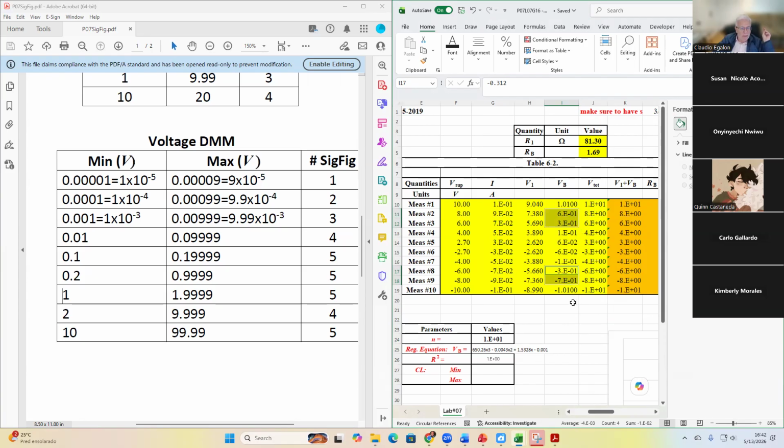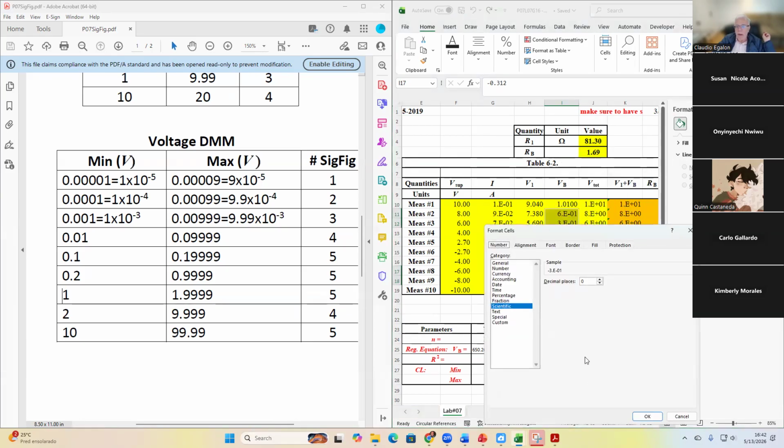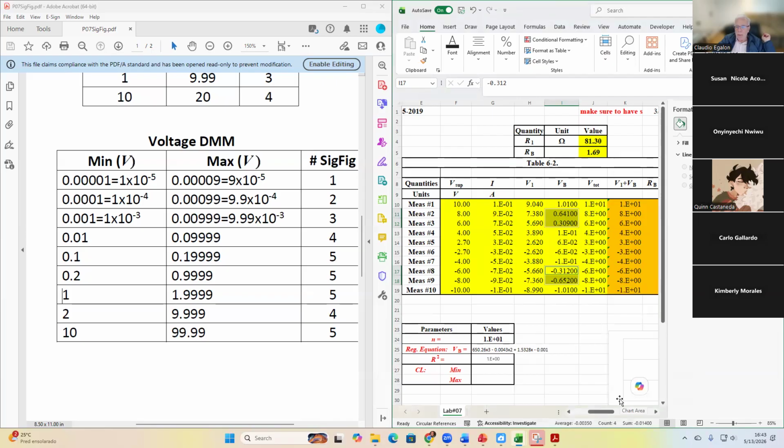Should be 5 significant figures or 5 decimal places. Format cell, numeric, 1, 2, 3, 4, 5 decimal places, which gives us 5 significant figures.